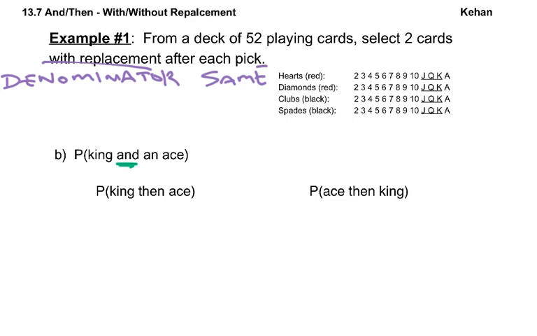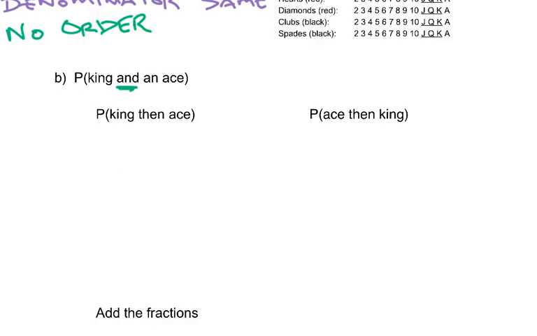Okay, so in this case, we can have multiple scenarios. That means we can draw a king followed by an ace, or we can draw an ace followed by a king, and it satisfies this question, king and ace.